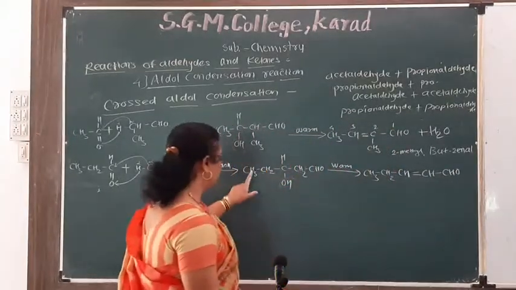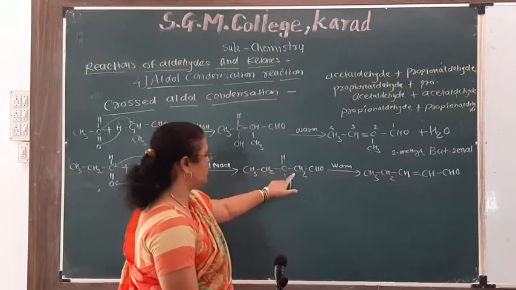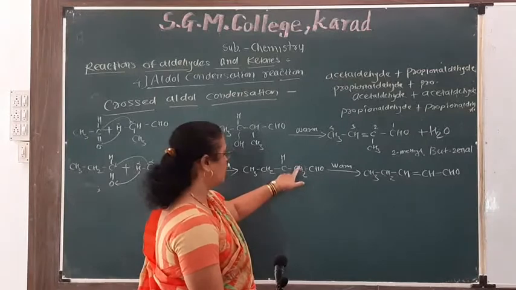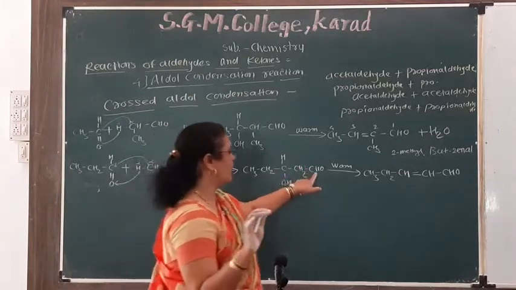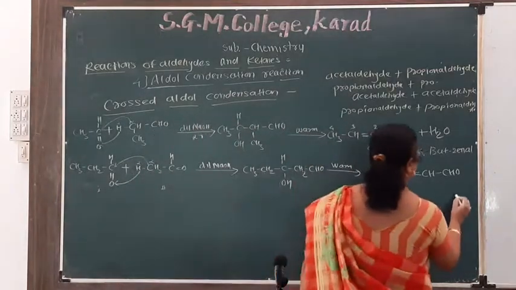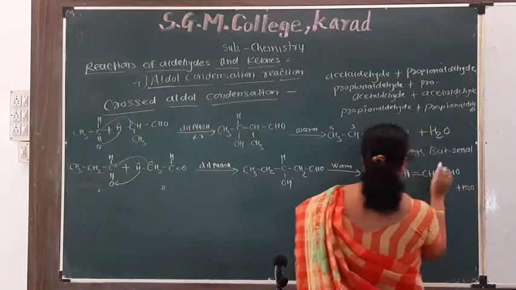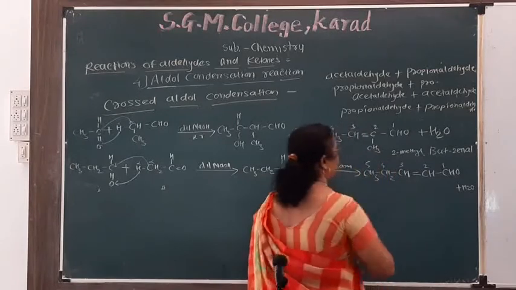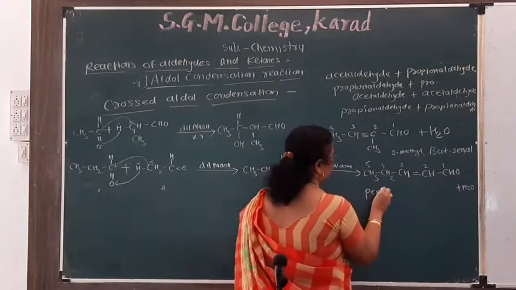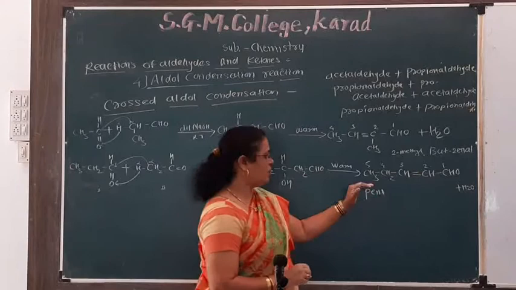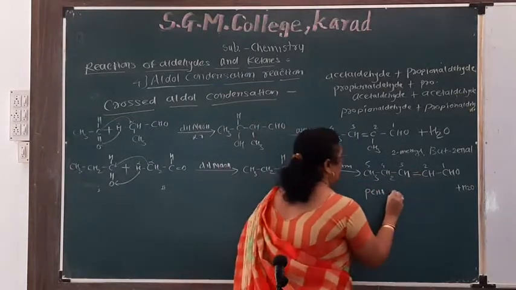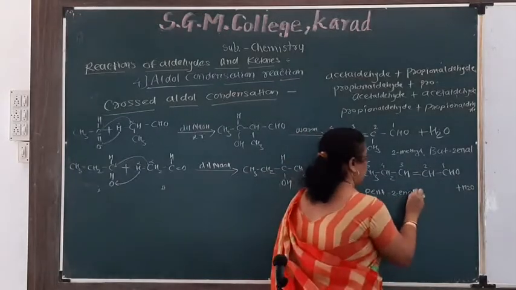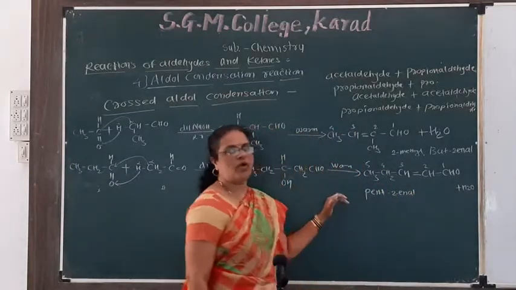This is the second product. The hydrogen atom and OH give H2O, therefore the remainder is CH=CHCHO plus H2O. This compound is known as, numbering 1, 2, 3, 4, 5, pent. A double bond is present, therefore pent-2-enal. This is the second product.